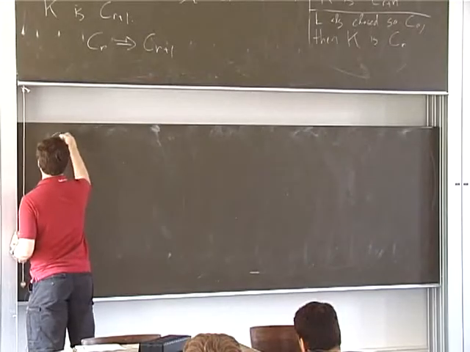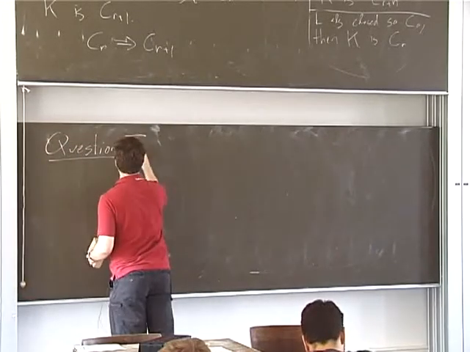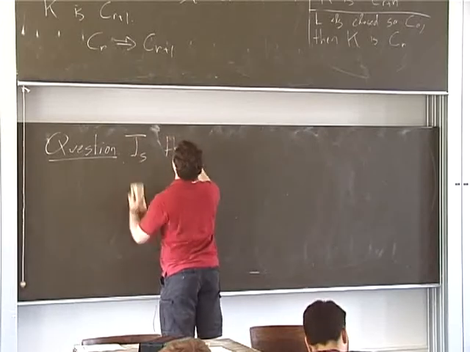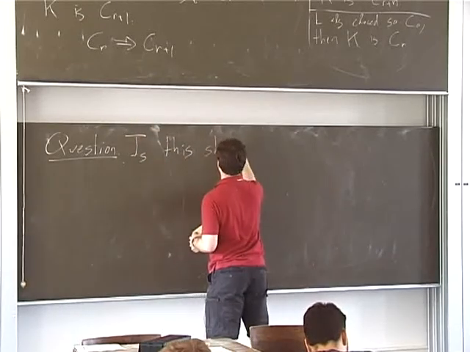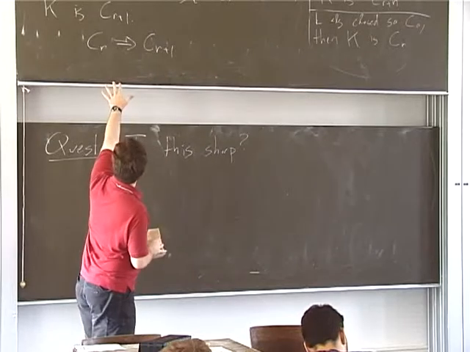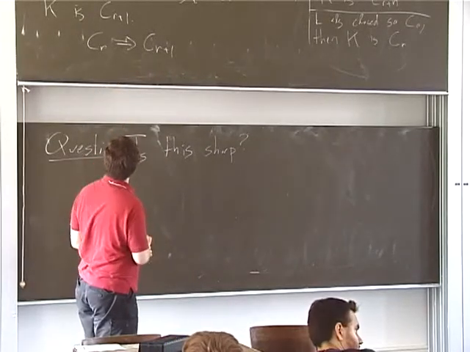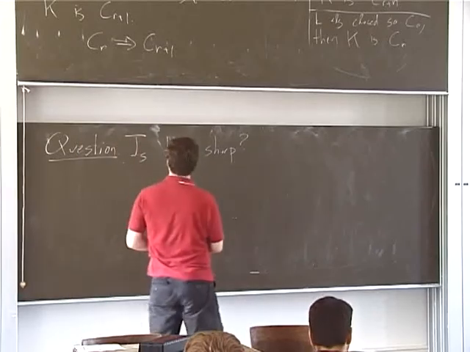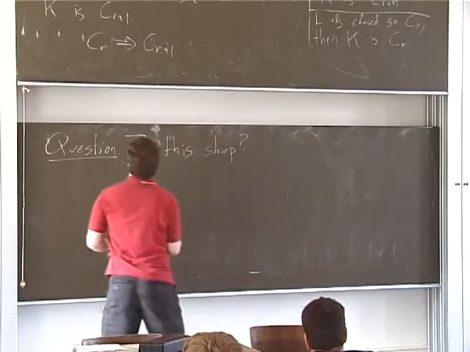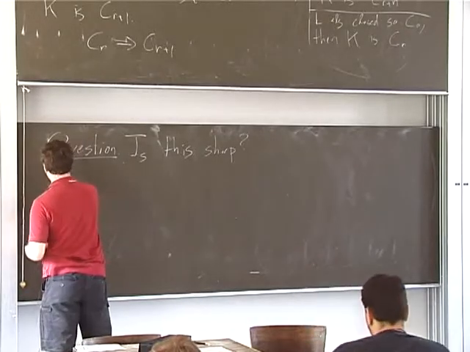So the question, which is a very good question, is: is this sharp? Could you prove a stronger theorem than this? Maybe if little k is C_R, then also capital K is C_R. Why do we have to go from C_R to C_{R+1}? But the answer is, if you want something this general, then it is sharp. So is this sharp? Yes.